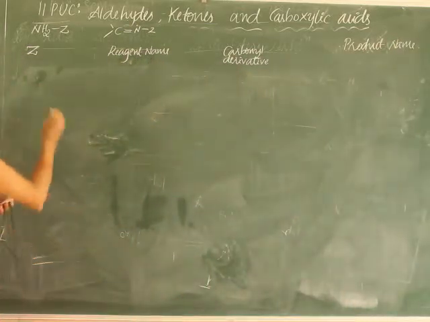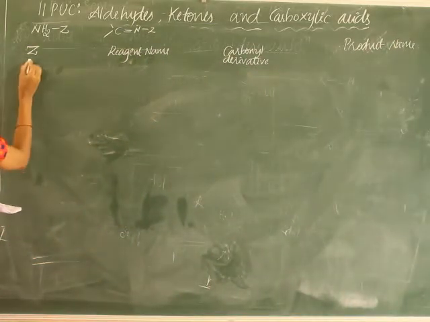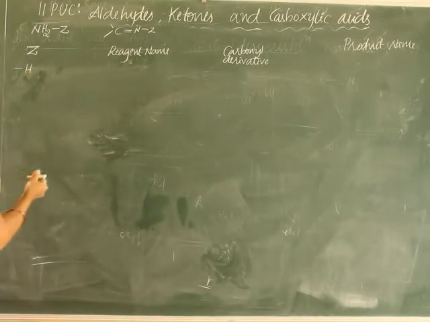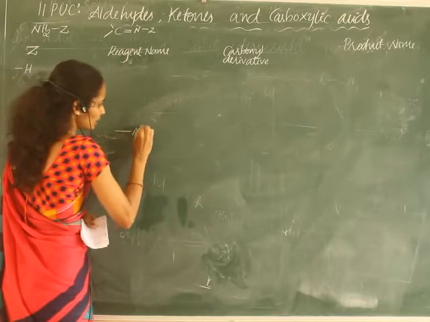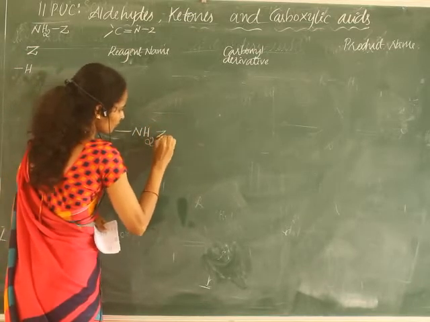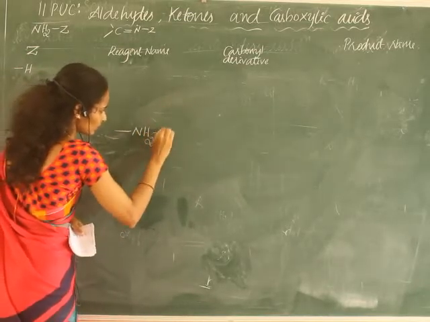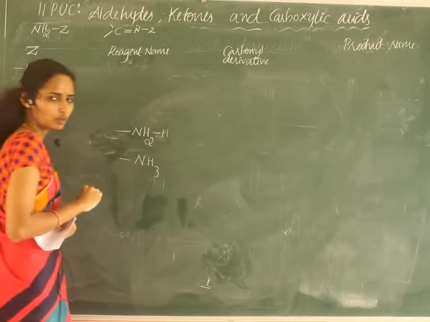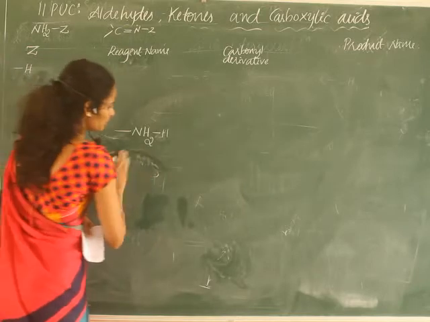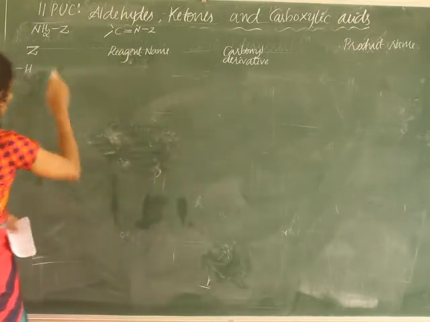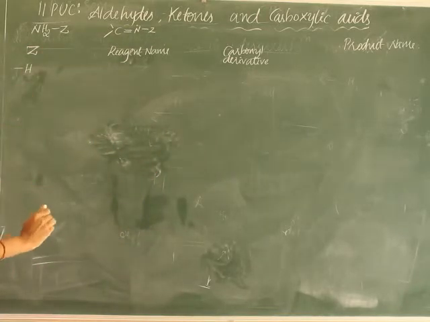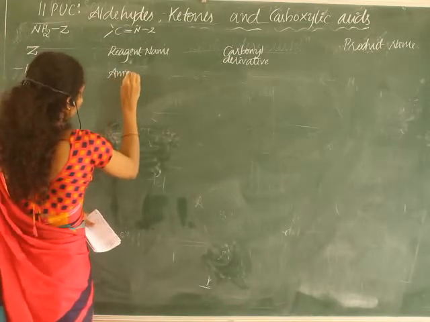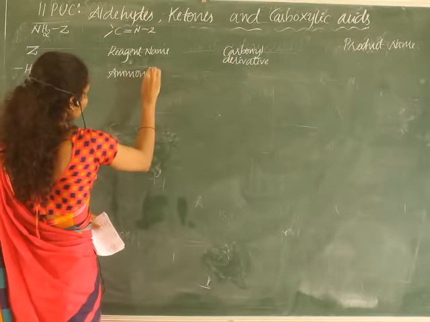Okay. First one is, if Z is hydrogen, see, derivative is NH2Z. If Z is hydrogen, then it becomes NH3. Am I clear? Ammonia. If Z is hydrogen, name of the reagent is ammonia. Hope it is clear for you.